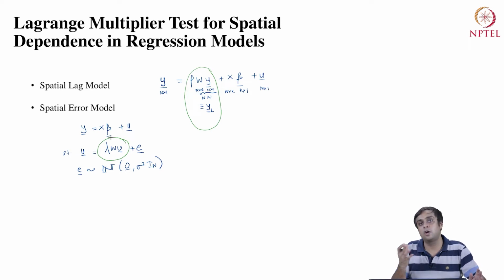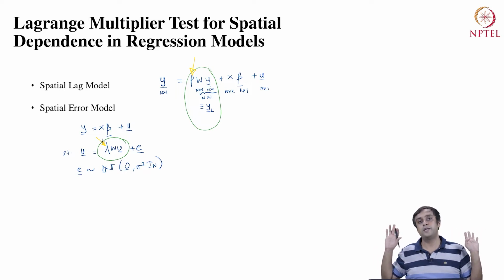What is the aim of hypothesis testing? Hypothesis testing wants to figure out whether it makes any sense to include these spatial effects in the models, or whether we can just live with the non-spatial models that we are used to, even from before we studied this course.